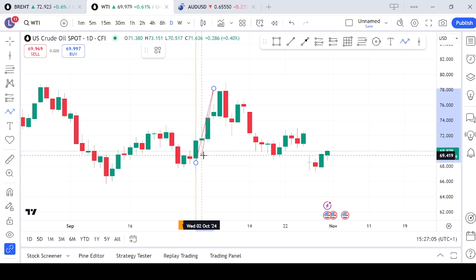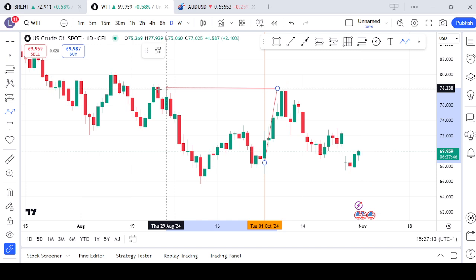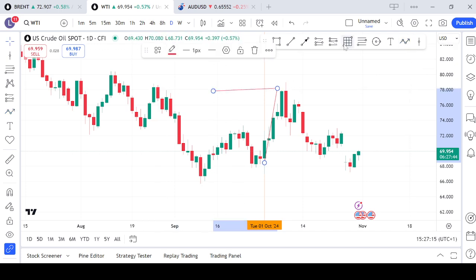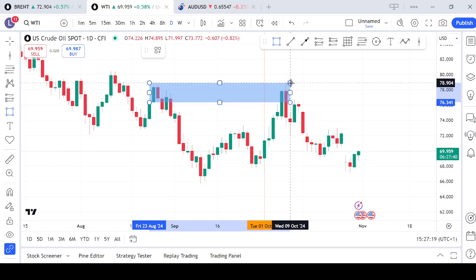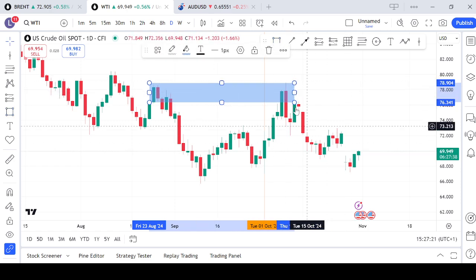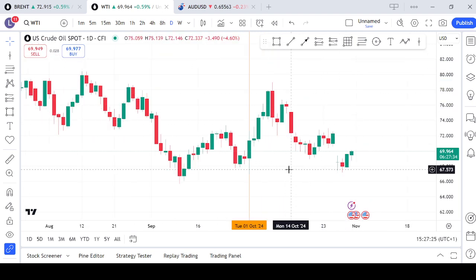You can enter from when the report was released here, and you can take profit at this resistance level right here, and after that you can see price retracing. So that's how you can trade the oil markets, by monitoring oil inventory levels.